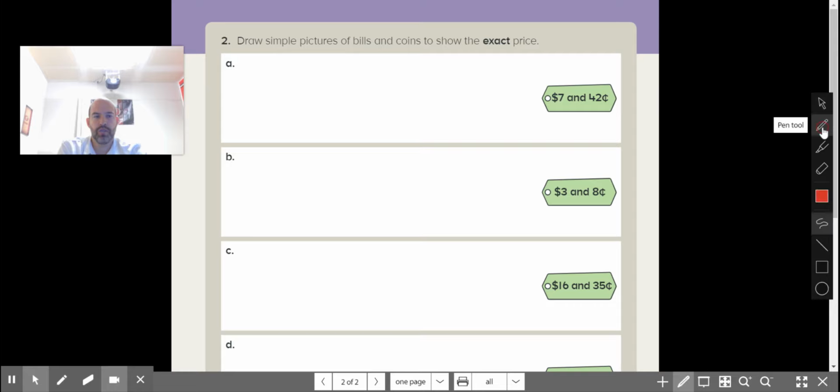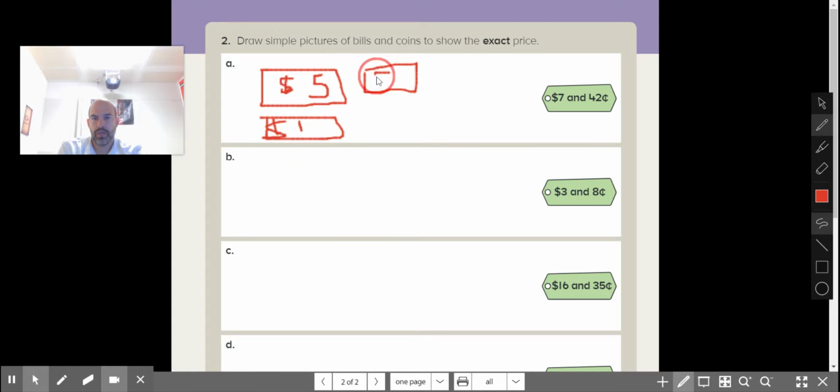One example you could do for this particular problem would be a $5 bill, 2 $1 bills, and then a quarter, and a dime, and a nickel.